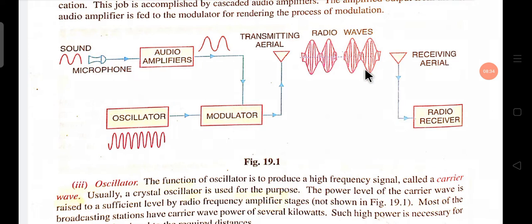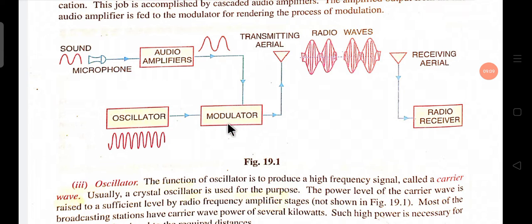So the radio wave is transmitted in space, and in the radio receiver, the signal coming from the transmitter through the space medium or air medium is received through the receiving antenna. After that, the process that happens is demodulation, the opposite function of the modulator.